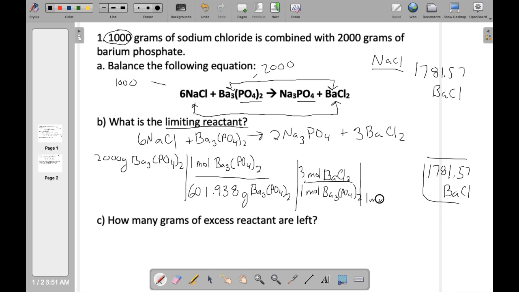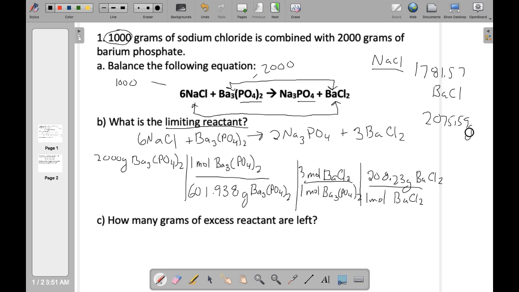So 1 mole of barium chloride, and I will go find my molar mass is about 208 grams of barium chloride. And when I do this math, I'll get about 2,075 grams of barium chloride.